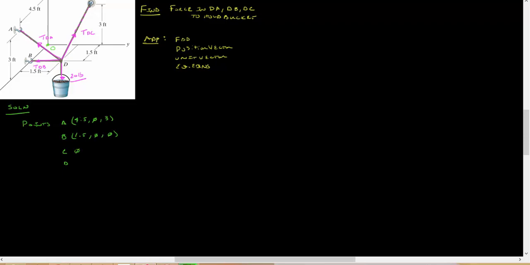Point C, I got 0, 2.5, and 3. And then point D, I've got 1.5, 1.5, and 0.